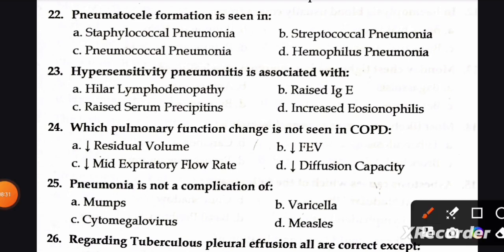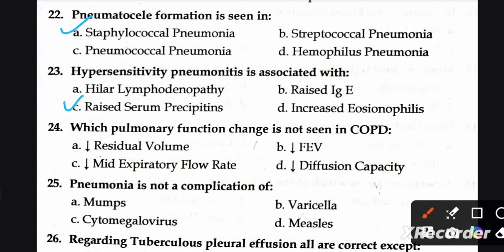The right option is A. staphylococcal pneumonia. Next question is: hypersensitivity pneumonitis is associated with A. hilar lymphadenopathy, B. raised IgE, C. raised serum precipitants, D. increased eosinophils. So right option is C. raised serum precipitants.